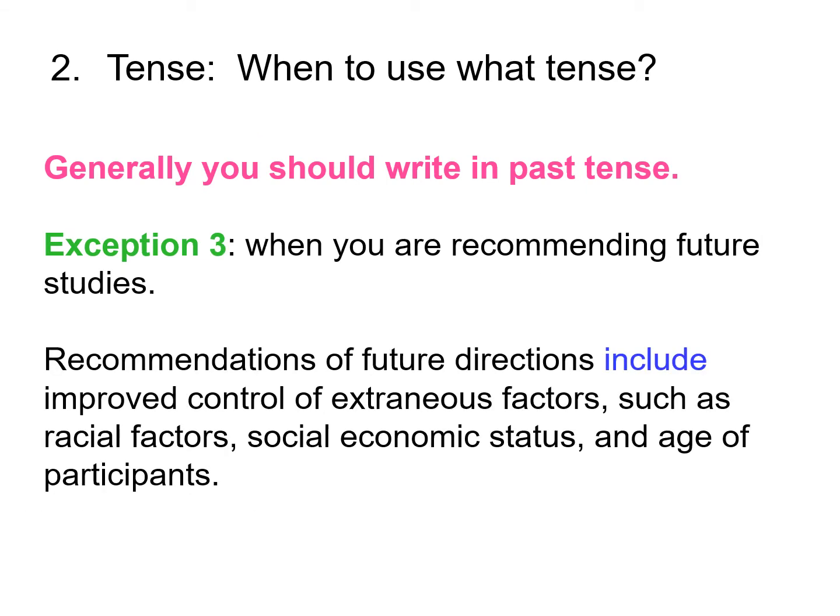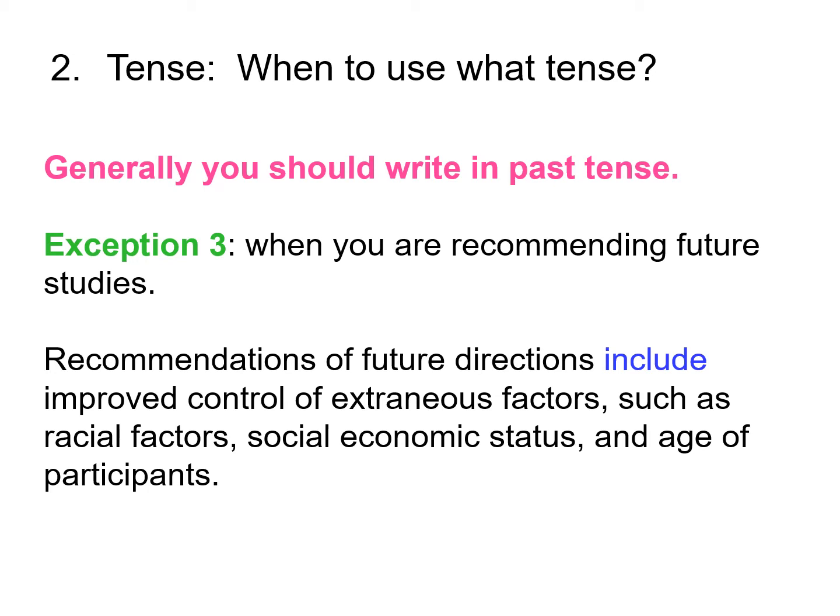There is another exception, exception number 3, and that's when you are recommending future studies. Obviously, when you are recommending something for future studies to do, that has not happened yet, so you should write it in some sort of future tense or present tense.